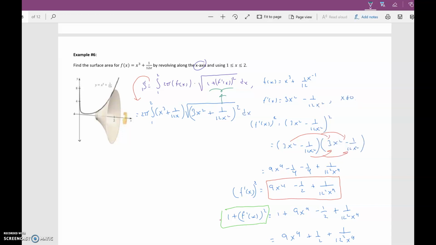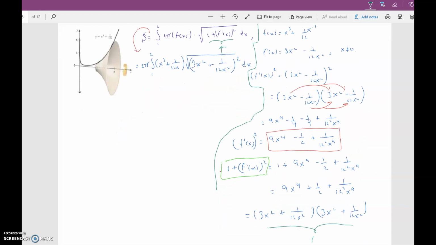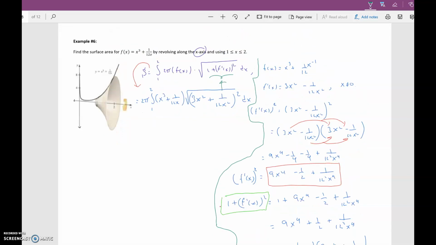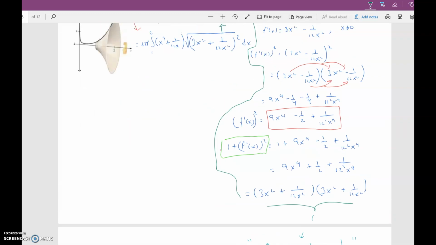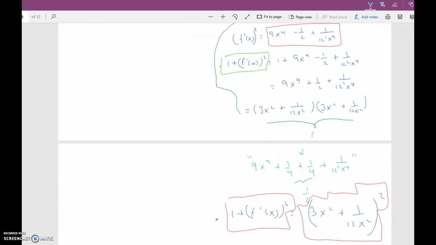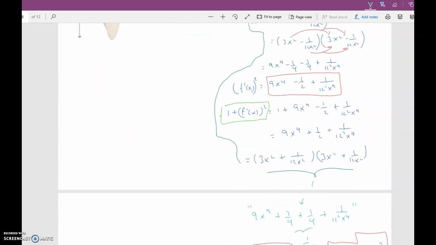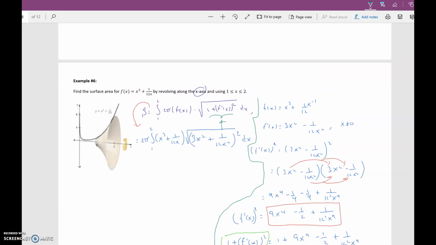Let me just draw a line so it's distinctive what we did on the side, just to set up the integral. Let me double check: 1 plus 3x squared plus 1 over 12x squared. Okay, we're good. And don't forget about that 2 pi.